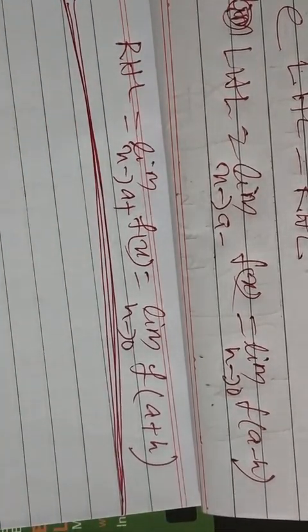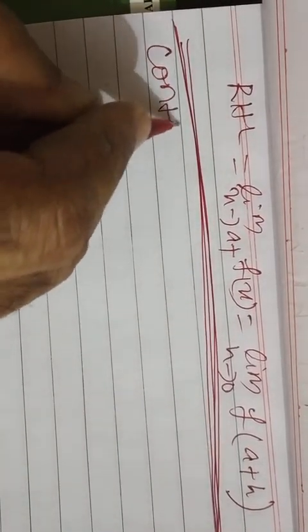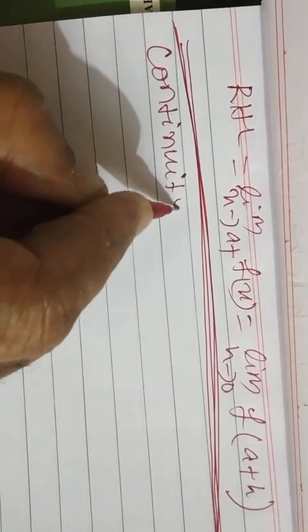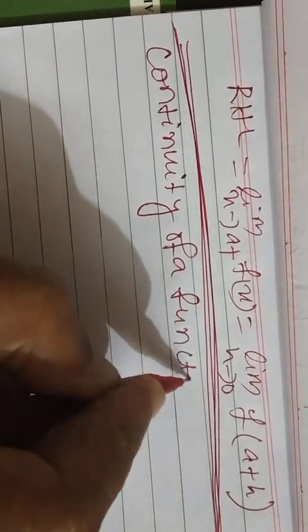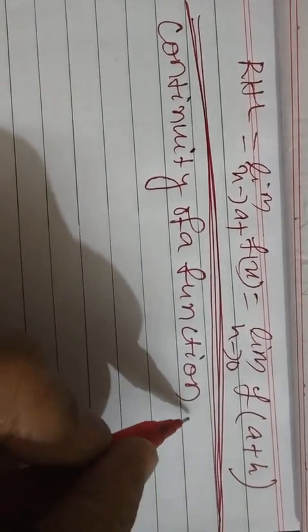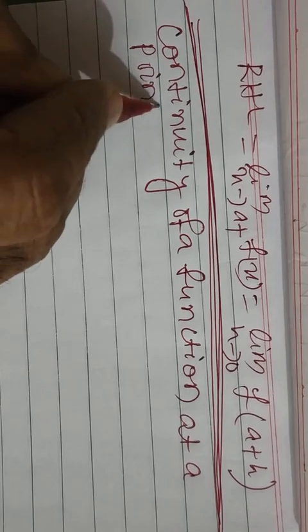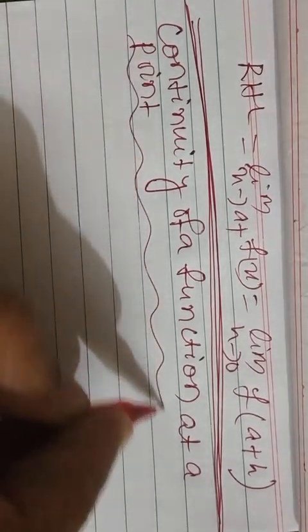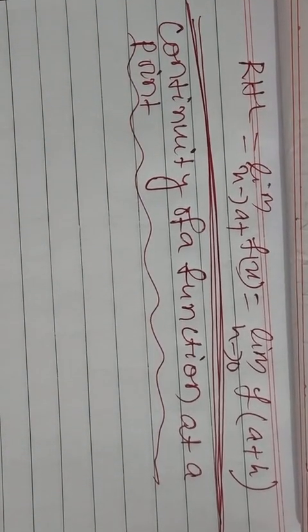Now coming to the continuity of a function. Continuity of a function at a point. We must have a basic idea, a feeling of continuity. What do you mean by a continuous function?